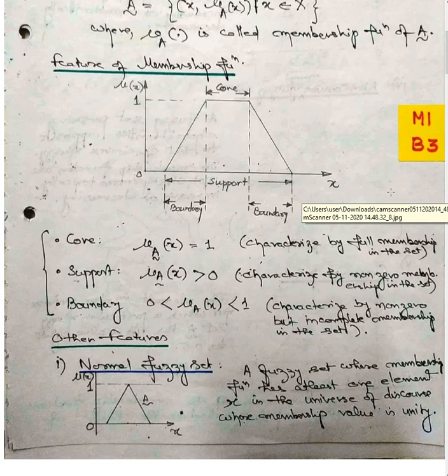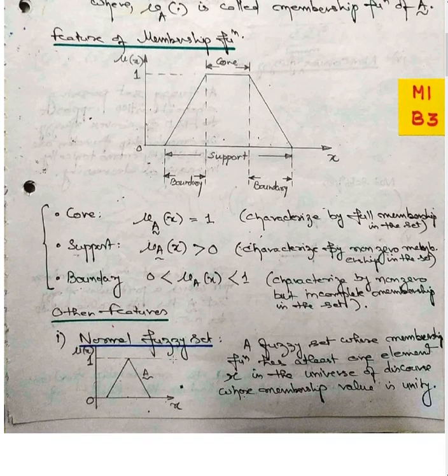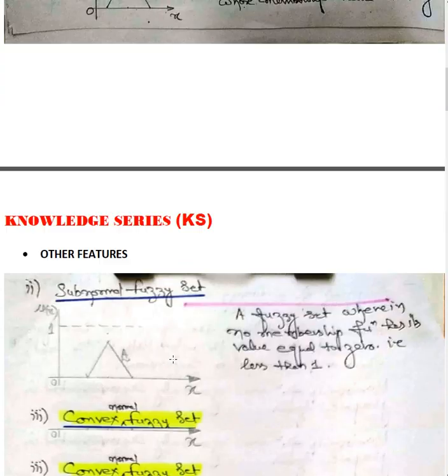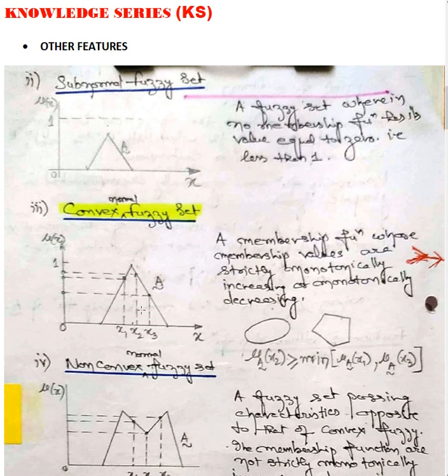Here you can see that the peak point has membership value equal to 1. The other case is the subnormal fuzzy set, where the subnormal fuzzy set does not have a membership value of 1.